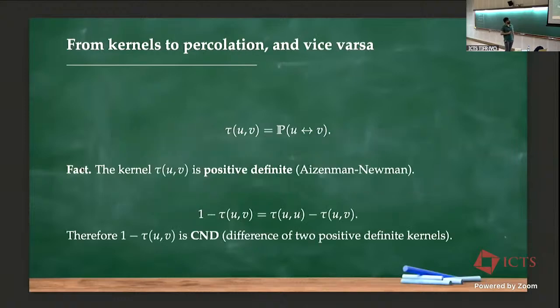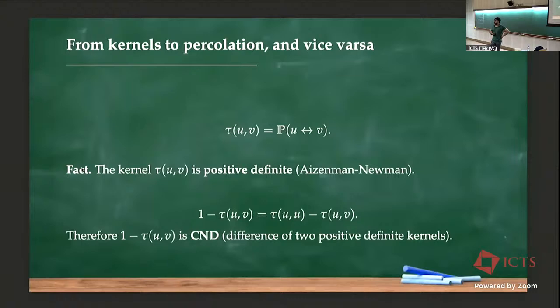So now, what does percolation have to do with kernels? So I'm going to write tau, as usual, for the two-point function, the probability that we are connected. It's a very nice, again simple, observation going back to Aizenman and Newman from the early 80s, that actually the two-point function is positive definite.